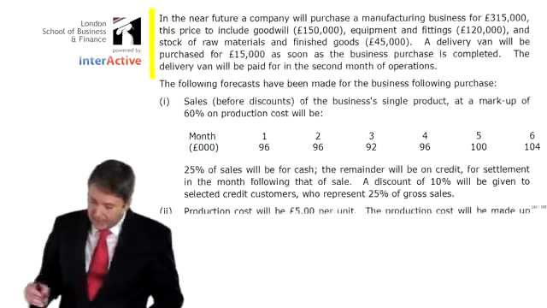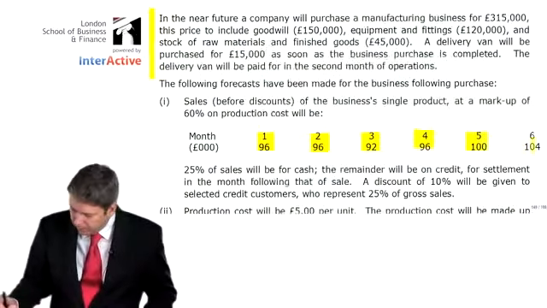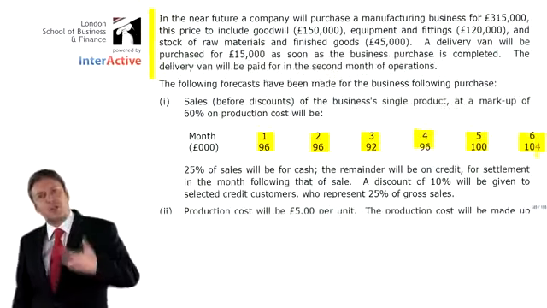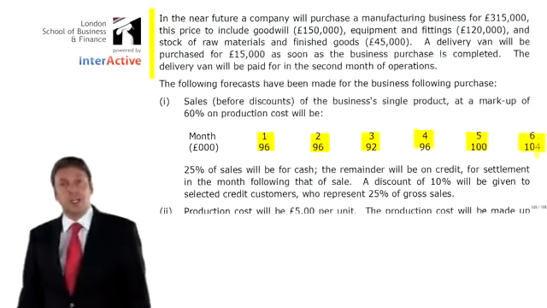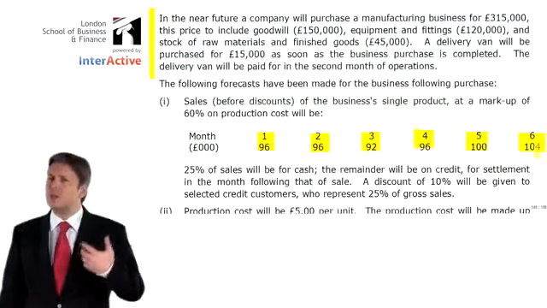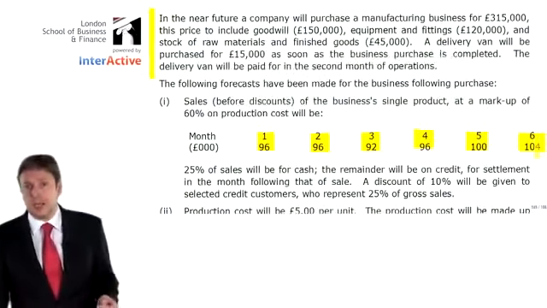And what we see here is that we're given information for months 1, 2, 3, 4, 5 and 6. And that is the information that allows us to do everything else. If you notice, the information here is in sales terms. In this case, it's in sales revenue terms. So let's read note 1 and see what it has to say.